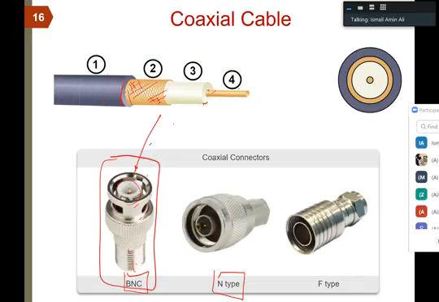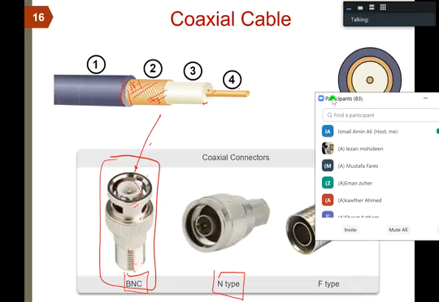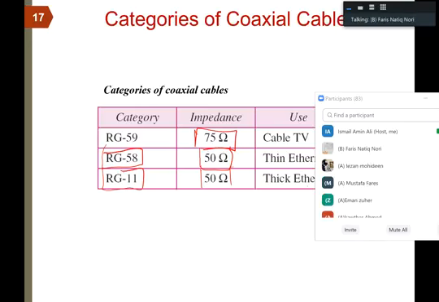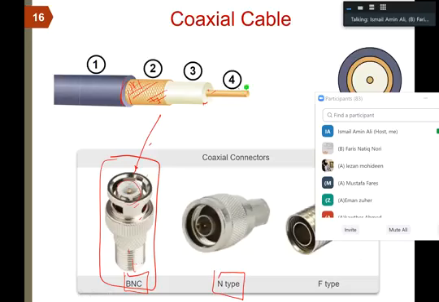Who can answer the question? This is copper. The current exerted is more, yeah, but what's the relation between the attenuation and the cross section of this cable?